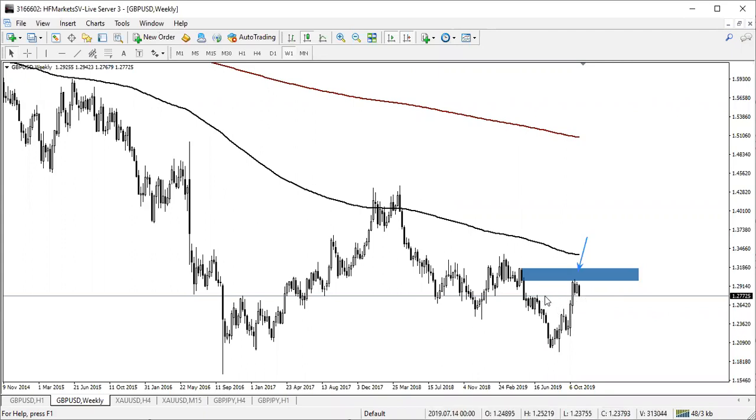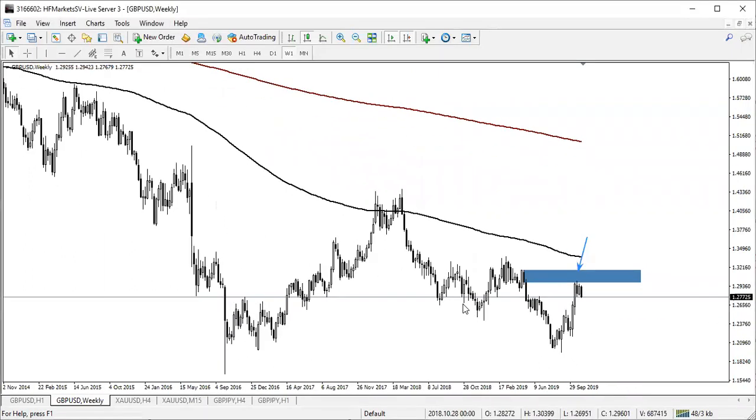If you take a look to your left, you realize that price is reacting to this point. Currently, that is where price is seated.